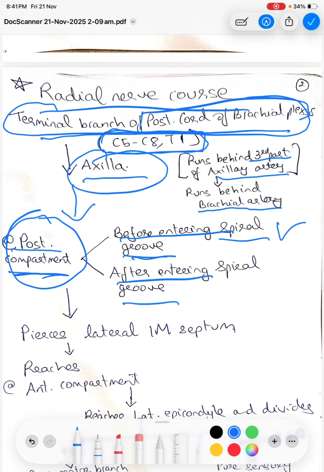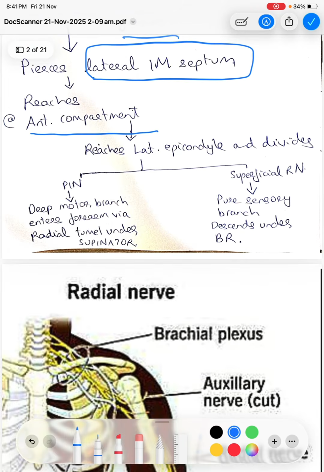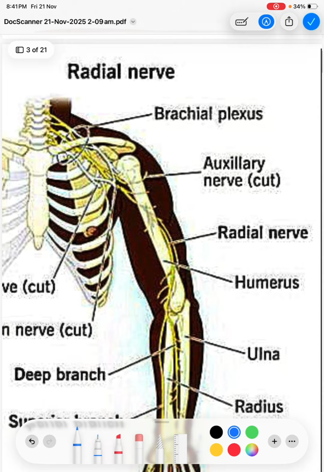Going distally, it pierces the lateral intermuscular septum and it reaches the anterior compartment of the arm. So this is the schematic figure. The radial nerve begins in the axilla, enters the spiral groove, then pierces the lateral intermuscular septum and enters the anterolateral compartment of the arm.